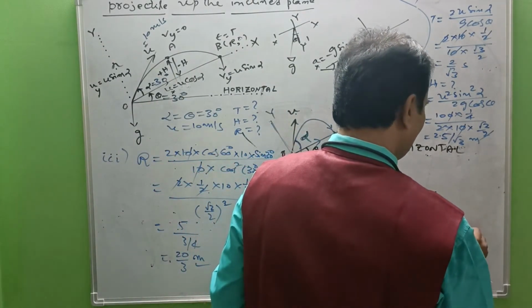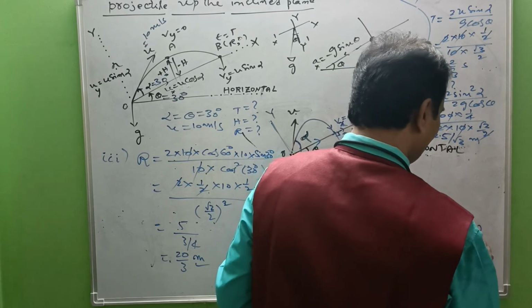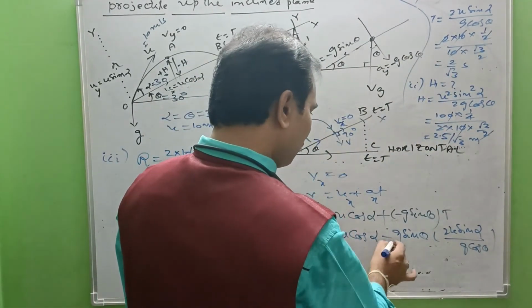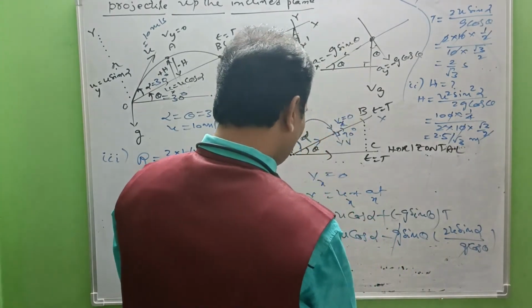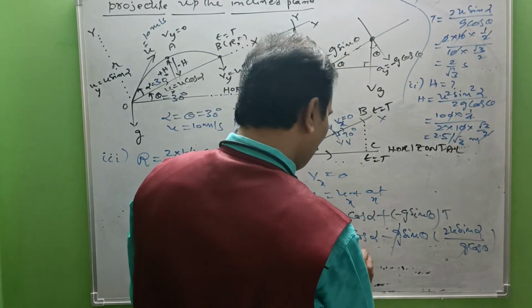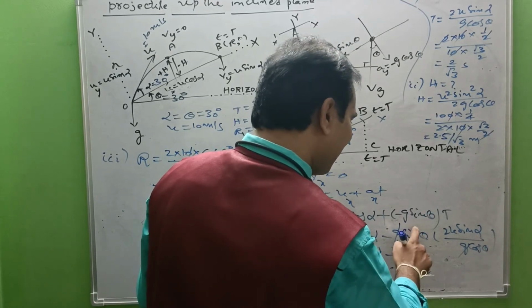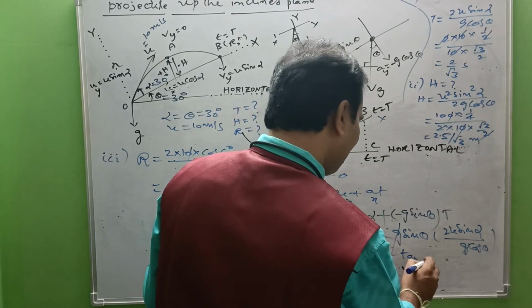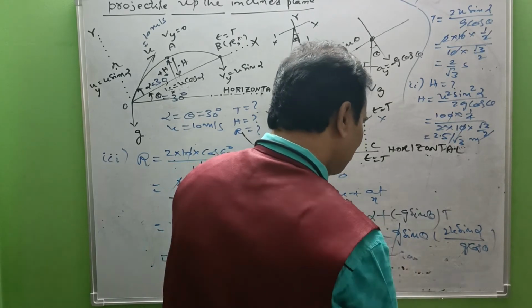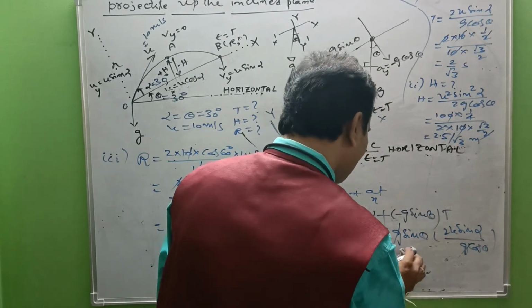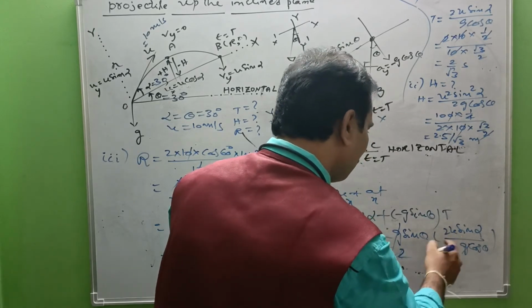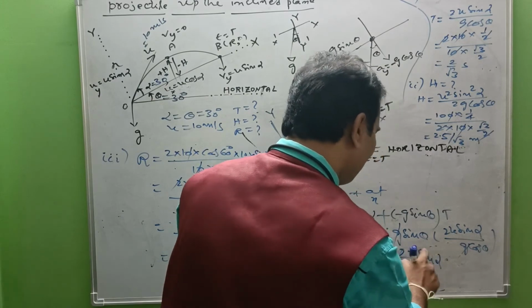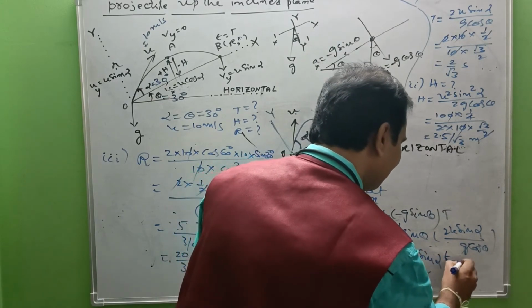The g cancels here. 0 equals u cos alpha minus 2u sin alpha into sin theta by cos theta, tan theta.